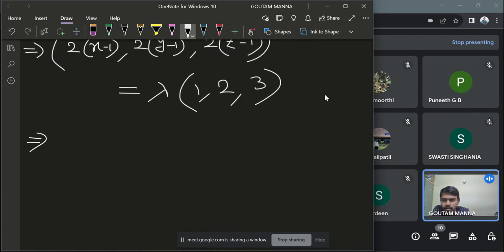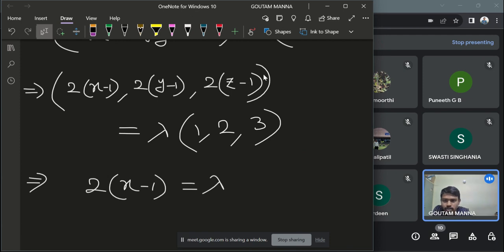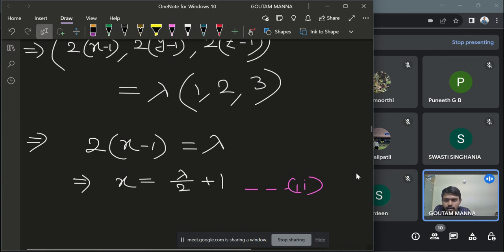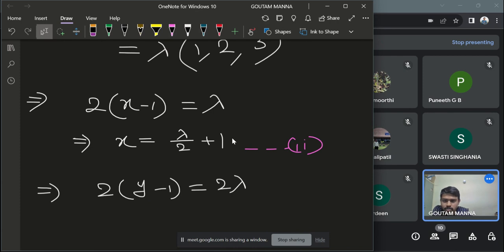If we compare the first components, it will be 2(x minus 1) equals lambda. So from here we can write x equals lambda by 2 plus 1. Let me call it equation 2. Comparing the second components, we have 2(y minus 1) equals 2 lambda.